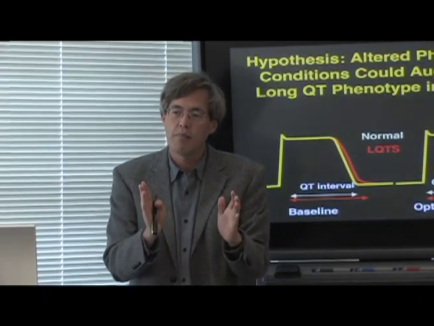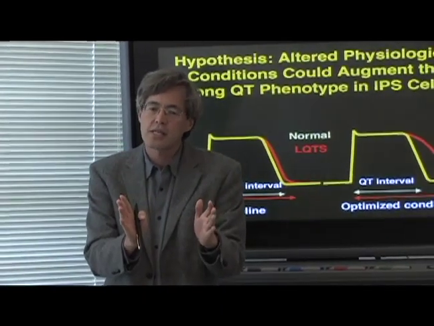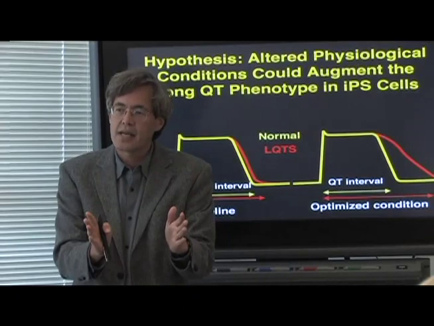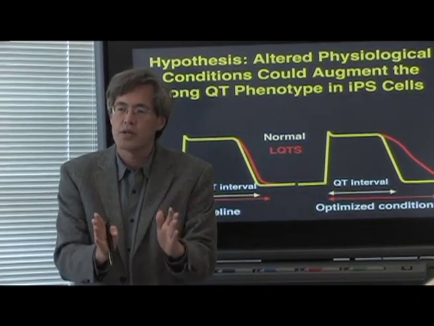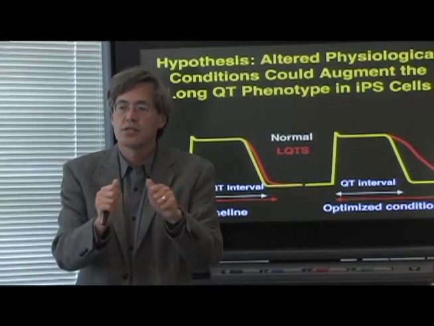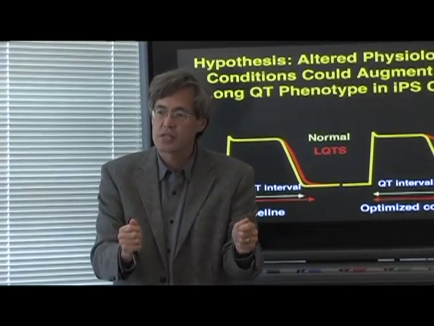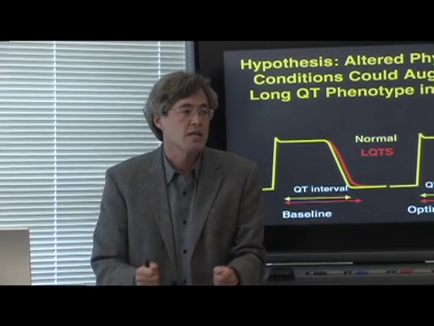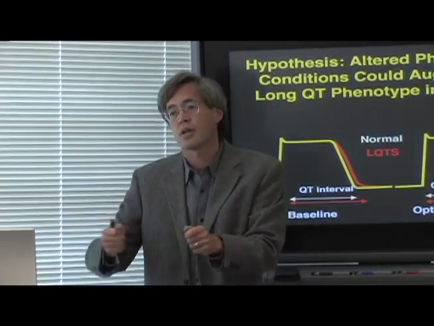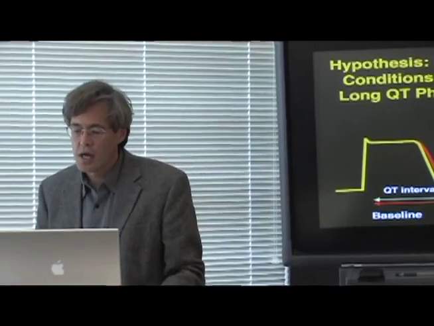And so we basically have a cellular-based assay, and we're using the people essentially as a yardstick to say this is a relevant change versus this cellular change may be totally irrelevant because actually it's different, but it's different in a way that doesn't really match up to the genetic phenotype.